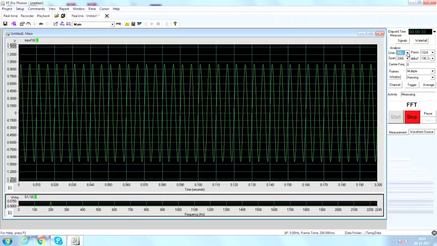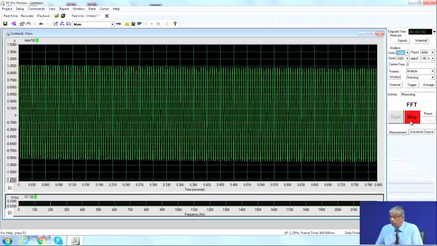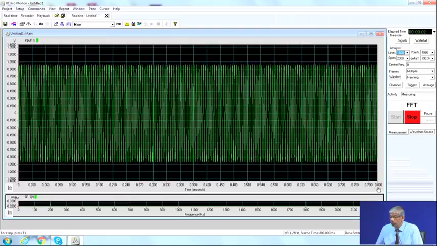I can change the number of lines to 800 and this will become double. So, I have taken in more data points. If you notice here, this is the total time in seconds, 0.8 seconds with 1600 lines.